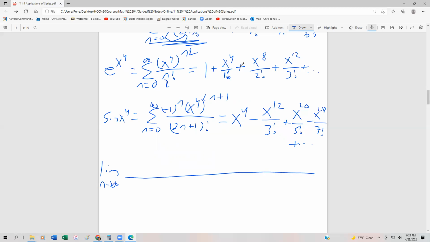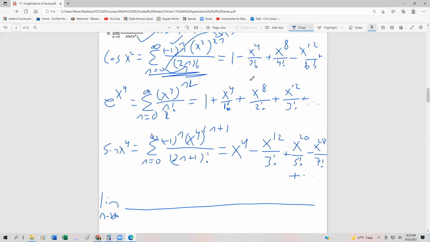When we substitute for cos of x squared, this is going to be 1 minus x to the fourth over 2, since 2 factorial is 2, plus x to the eighth over 24, minus x to the 12th over 6 factorial, which is 720.